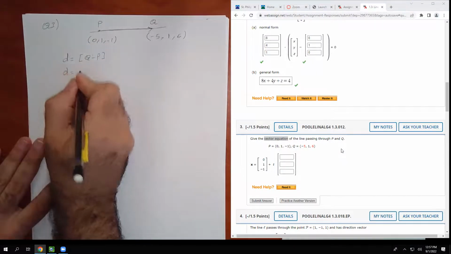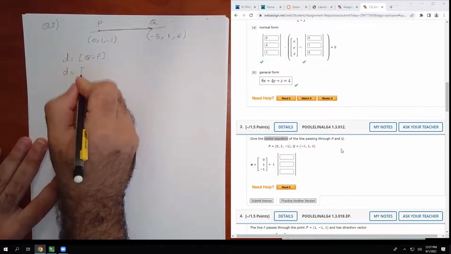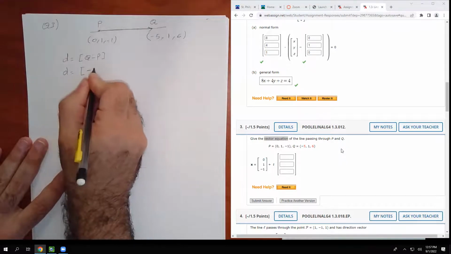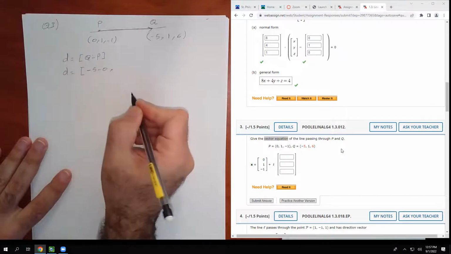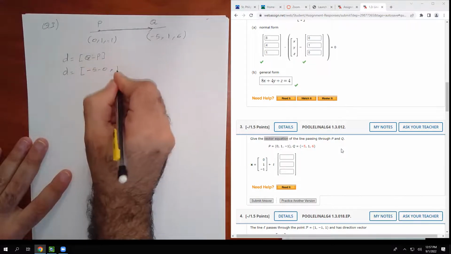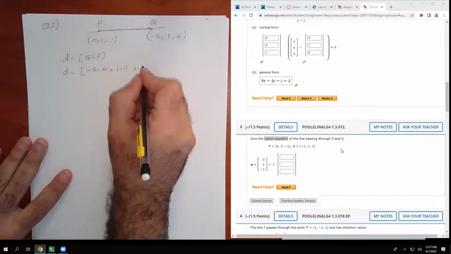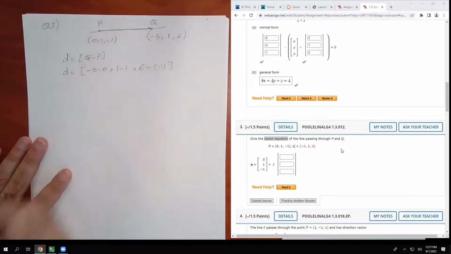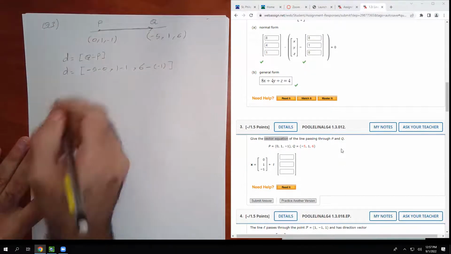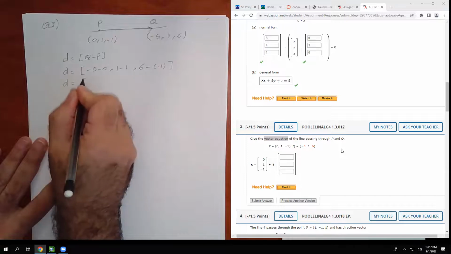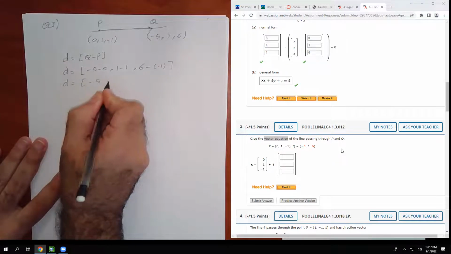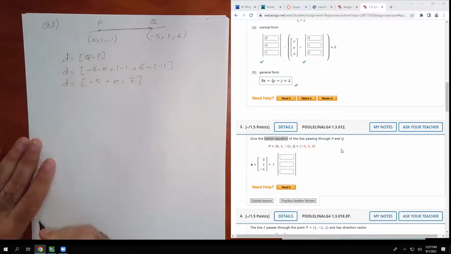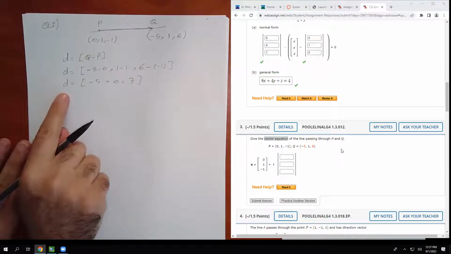So the direction vector is going to be Q1 minus P1, so -5 minus 0, 1 minus 1, 6 minus -1. D is going to be -5, 0, and 7. So this is the direction D.